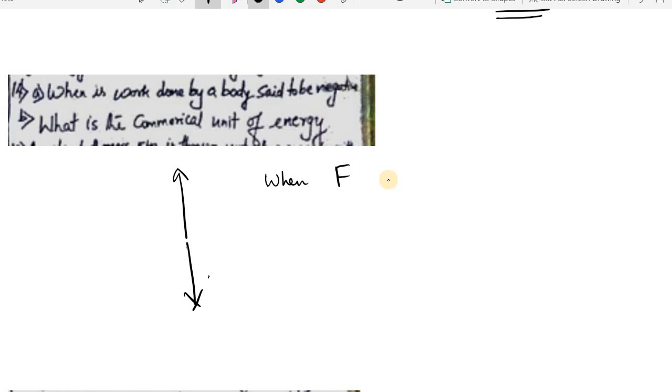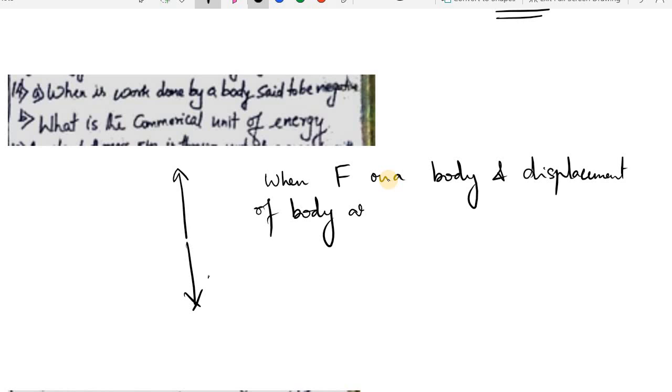So when force on a body and displacement of the body are in opposite directions, then work done is said to be negative.